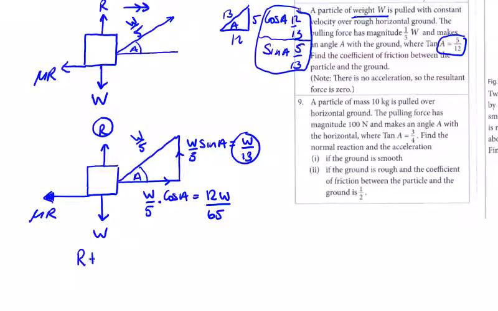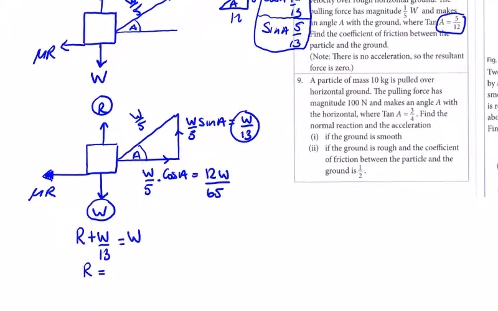So R plus W/13 has to be equal to what's going down, which is just W. So that would give me R to be, I've 12/13 plus 1/13, so it has to be 12W/13 to get it all the way up to 1.